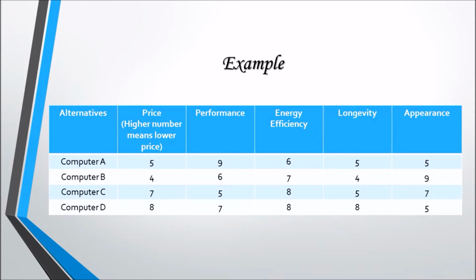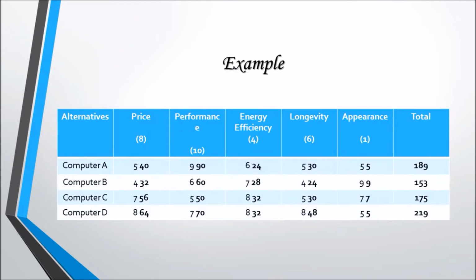They all have different performances, energy efficiency, longevity, and appearance. Then we calculate these criteria with ours and see what results we will get. And the end results will give us the best option for the computer which we choose.